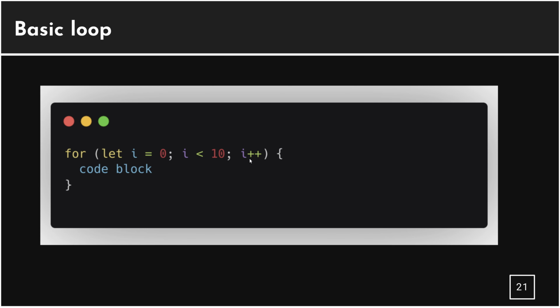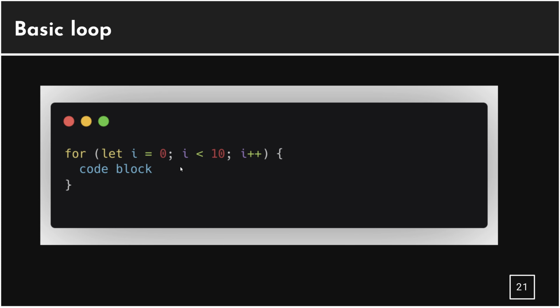And the final component right here is i++. We saw that earlier. It just means that we will increment the variable i, meaning that at the end of each iteration, i will be incremented.